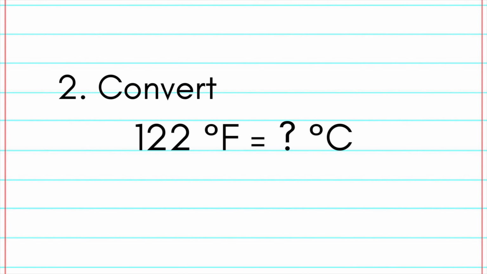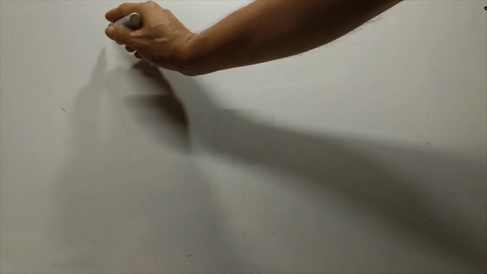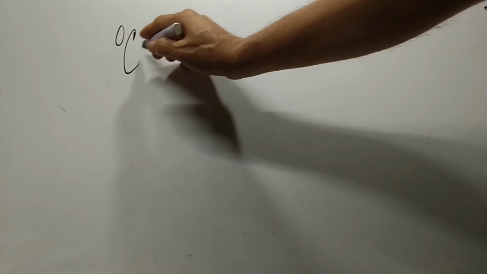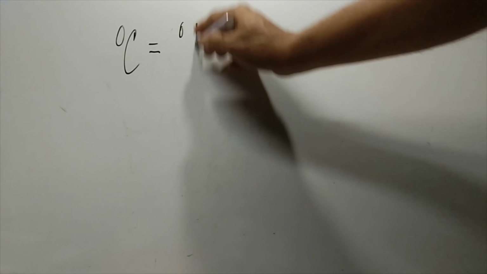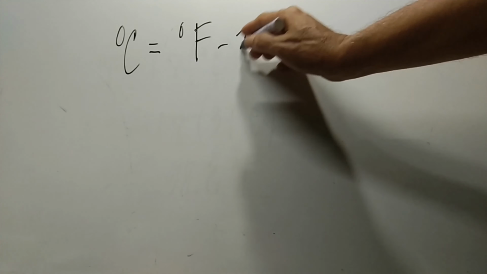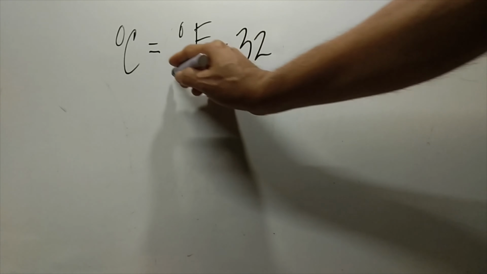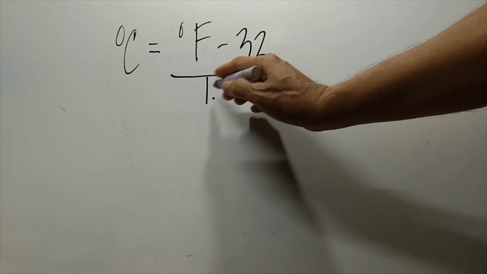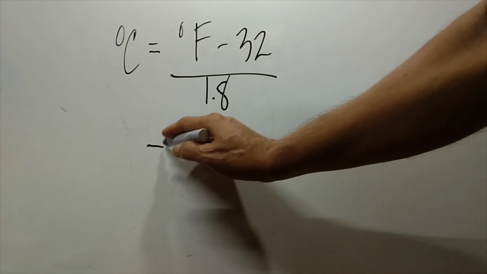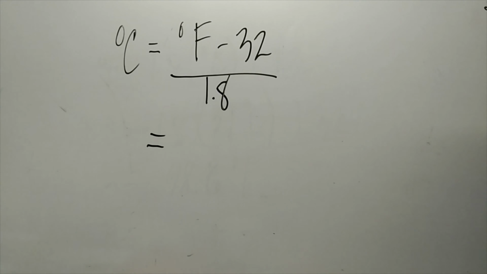Let us now proceed to problem number 2. Convert 122 degrees Fahrenheit to degrees Celsius. To solve the problem, I'll be using the formula degrees Celsius is equal to degrees Fahrenheit minus 32 all over 1.8. So again, simple substitution of the value to the formula.